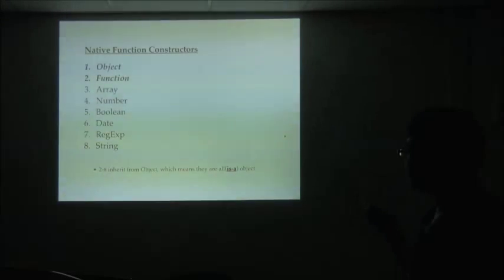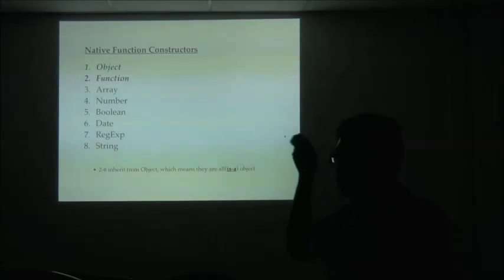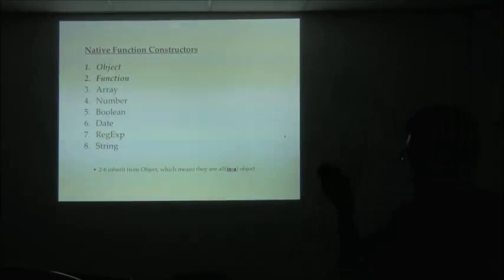And these are just some of the other native function constructors: Function, Array, Number, Boolean, Date, and it goes on. The entire list satisfies an is-a relationship. They are all inheriting from Object, which is the base object from which all instances and all objects inherit, right?